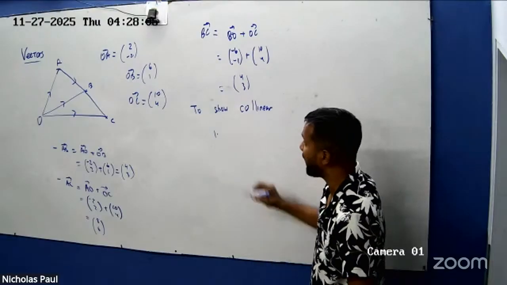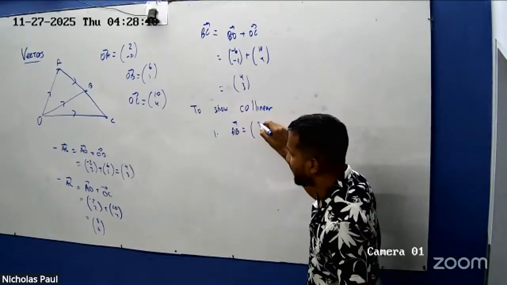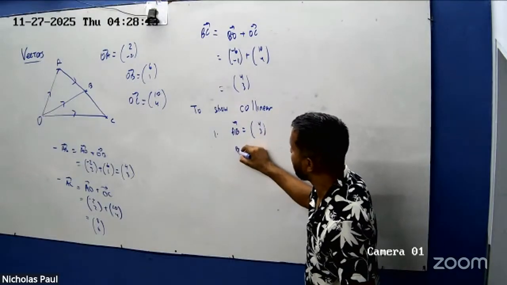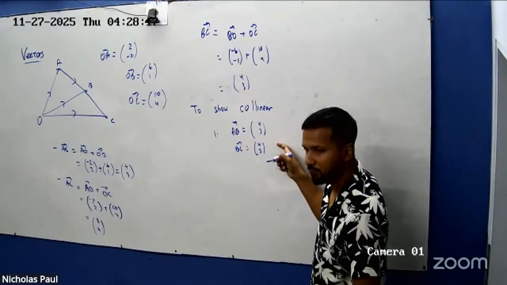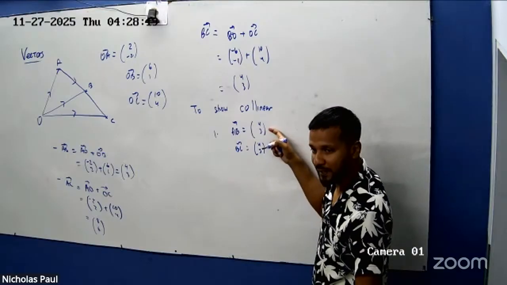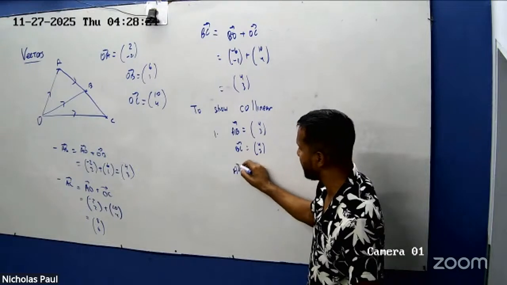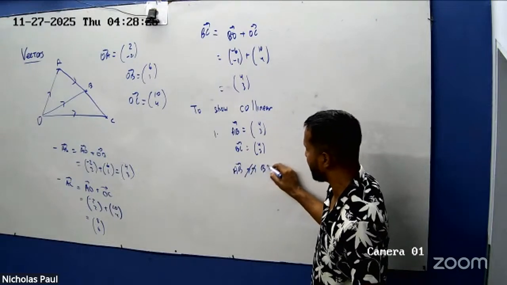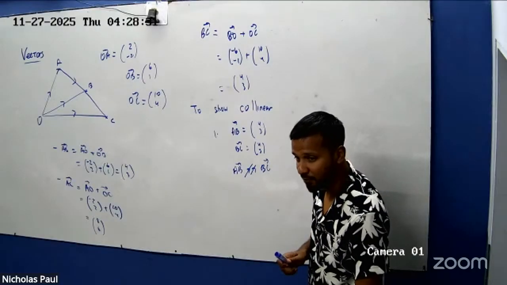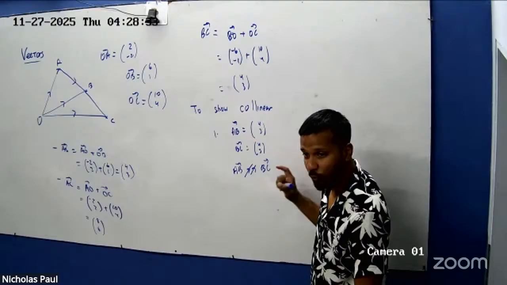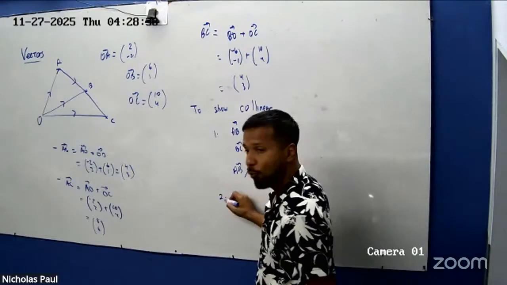So parallel, right? So we have to show that AB, which is (4, 3), and BC, they are parallel. Are they parallel? Well, what do I multiply here to get here? 1. So it means that AB is parallel to BC. It means that it's parallel and they're equal because they're identical. Okay? And last part, what's the last step?